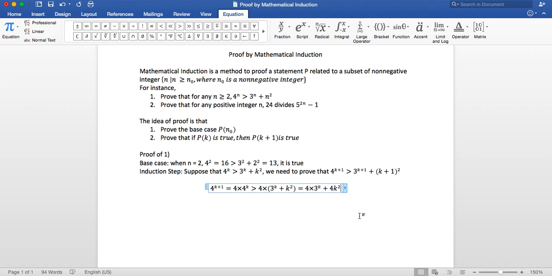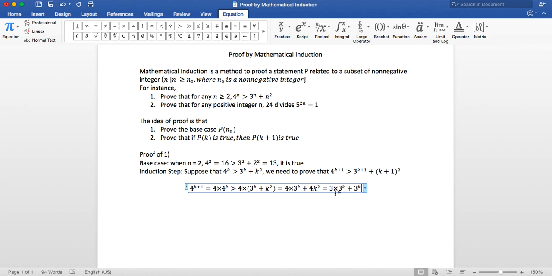Now my goal is, say, if I can reach 3 to the k plus 1. Now notice 4 multiplied by 3 to the k power can be written as 3 times 3 to the k power plus another 3 to the k power.